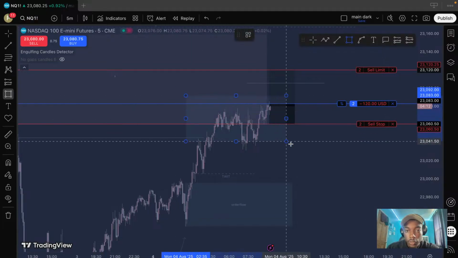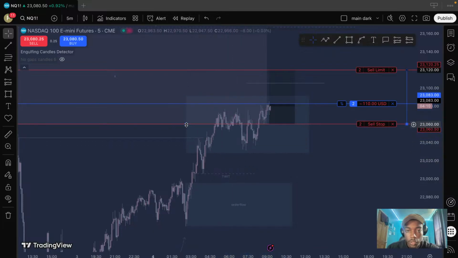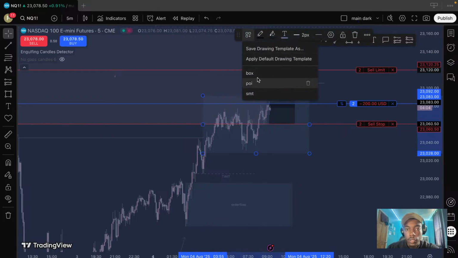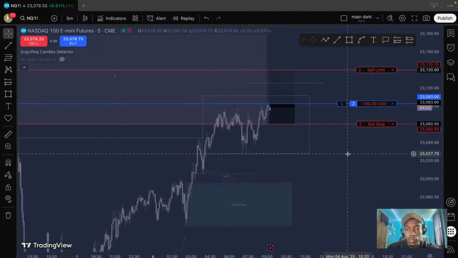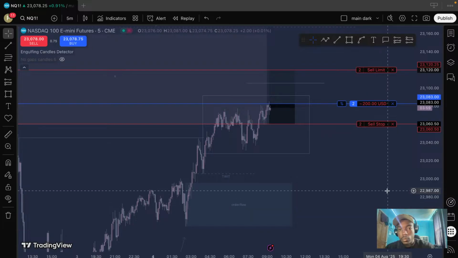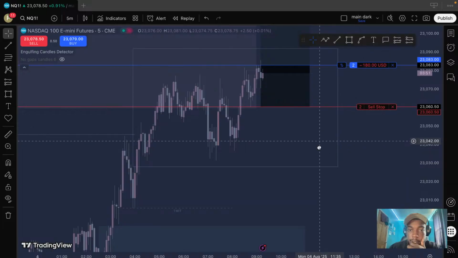And just so y'all are clear, this is the model that I executed off of right here. This box, this price action here is what I'm executing this trade off of. We just look at this closely.